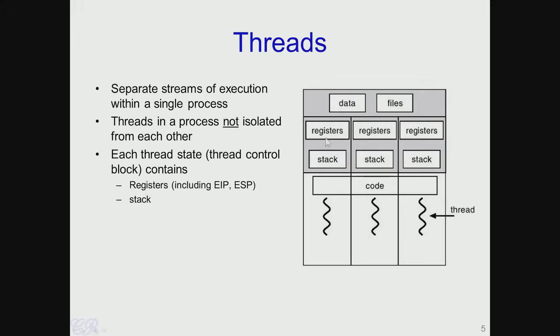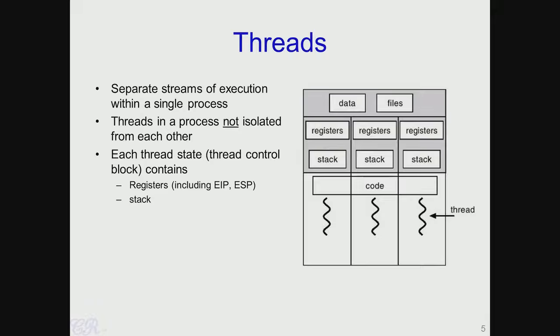As we have seen, each thread has its own execution context. The execution context of this thread comprises a set of registers like the EIP and the ESP register. Similarly, the execution context of this thread comprises the stack and register values. These register values would help in the stopping and restarting of threads after or during a context switch.